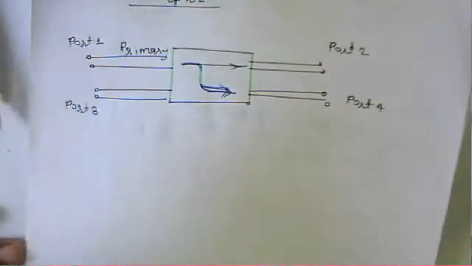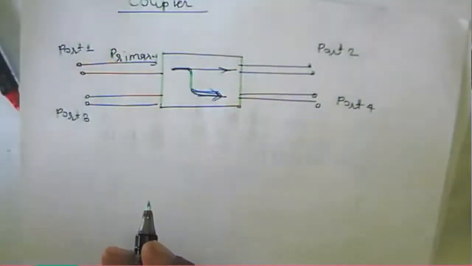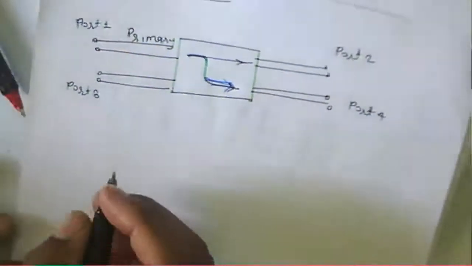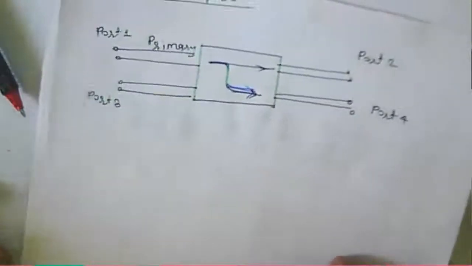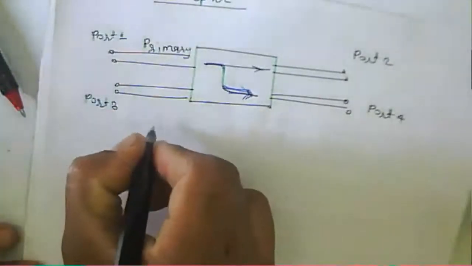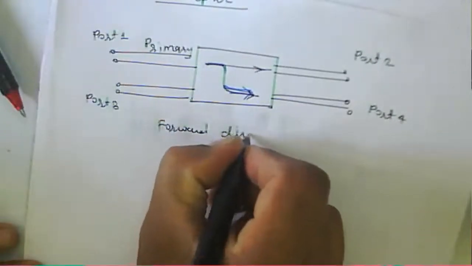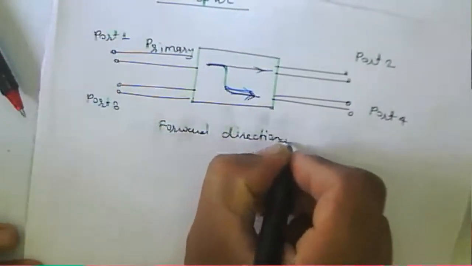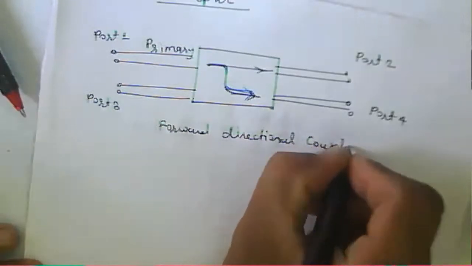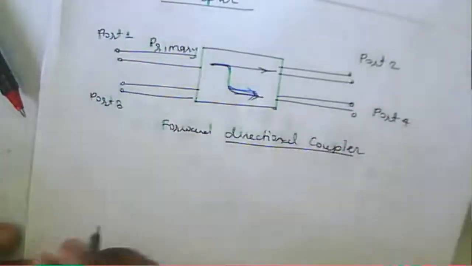If we provide the input to port 1, that is about a coupler. It is a forward directional coupler. We can say a forward directional coupler, or simply a directional coupler.